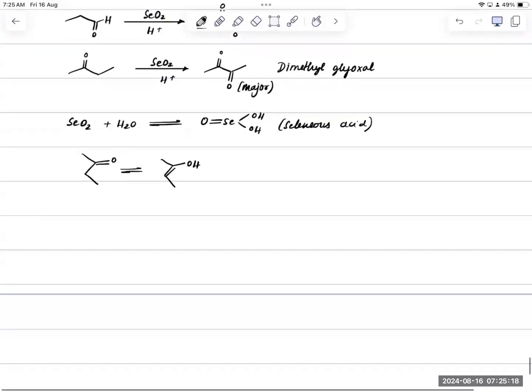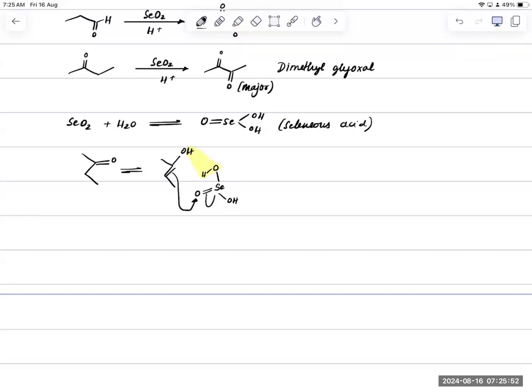Now I have a double bond selenium with OH and another OH here. So this OH, I'll write a little away like this. What would happen here is that H and OH, with H plus, will come out as water. And from this end it will attack the oxygen, which will push the electrons towards selenium.